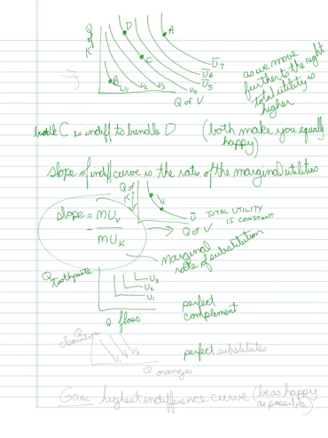Alternatively, I could have perfect substitutes. Something like oranges and clementines. Clementines are like small little baby oranges, essentially. Their indifference curves are straight lines.